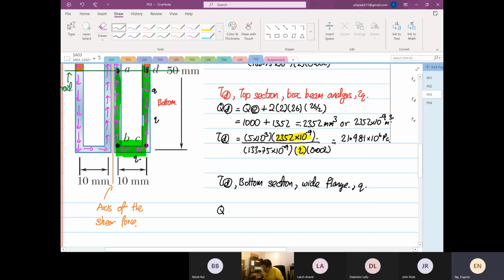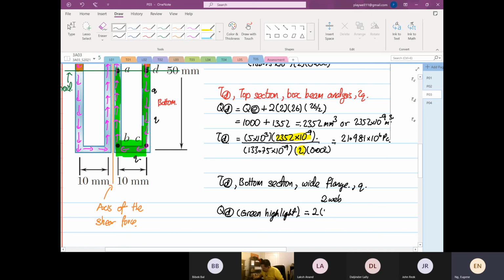at point D. I'm going to put in a green highlight. So this will be equal to twice, so this is the two webs. We have two webs.